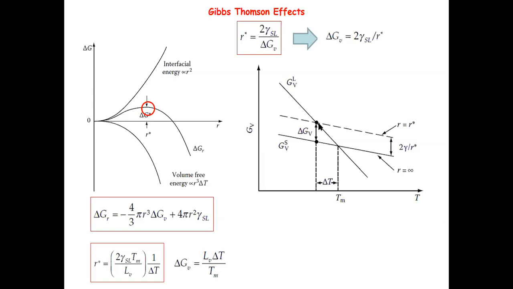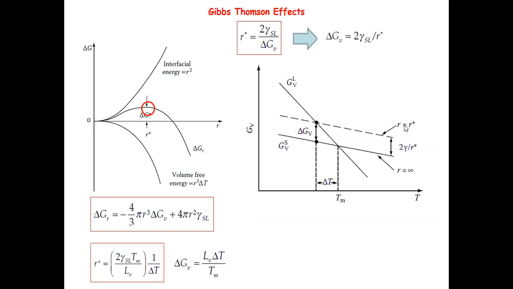This analysis basically means that if I have a small nucleus with this particular radius R star corresponding to this delta T, it uses all of the bulk free energy reduction to overcome its interfacial energy increase. So this small nucleus is just at its effective melting point for this temperature. That is another way of looking at this.